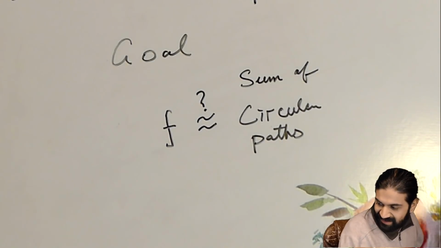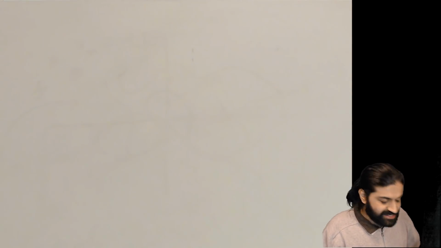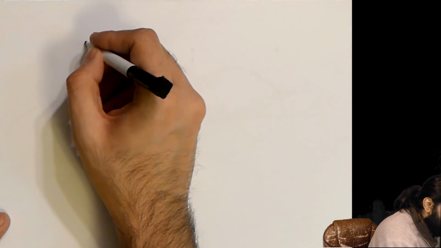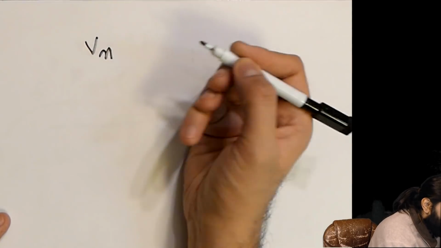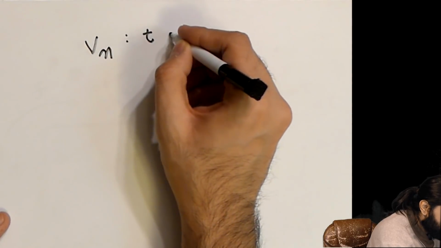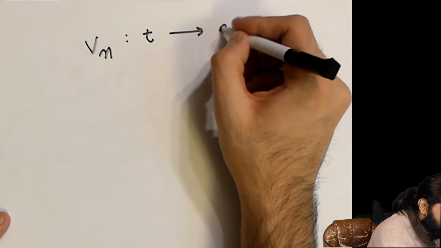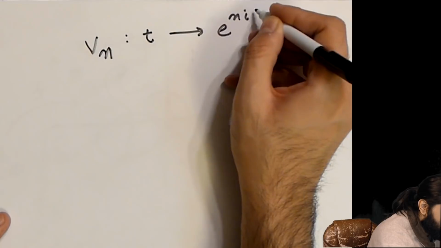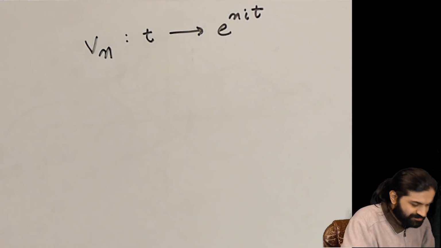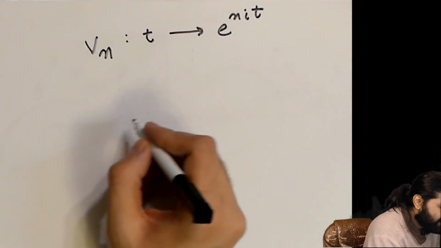So let's start there. All right, so what is a circular path? Well, I can define infinitely many circular paths very easily. So I'm going to say V_n, where n is an integer, is defined by the formula t maps to e^(i n t). So what is this? Well, let's just run through a few examples.